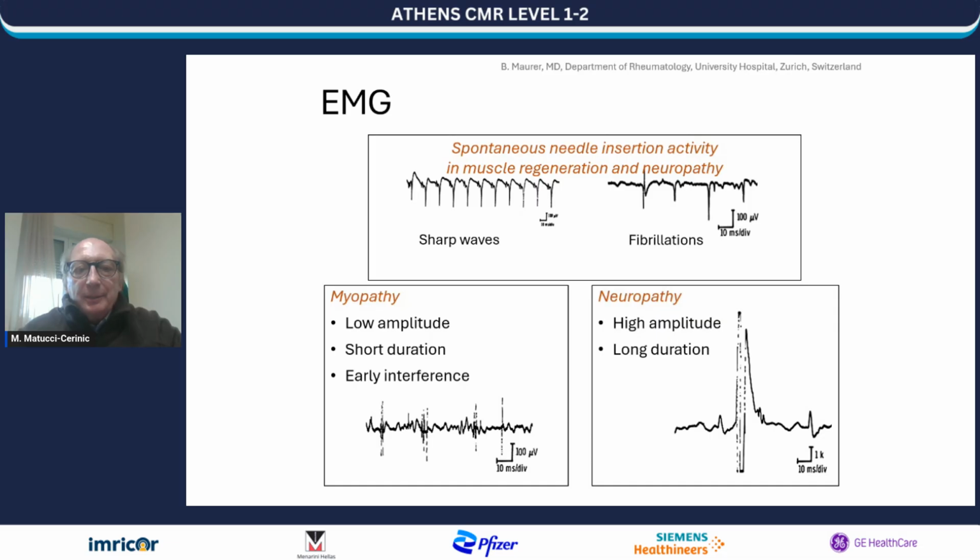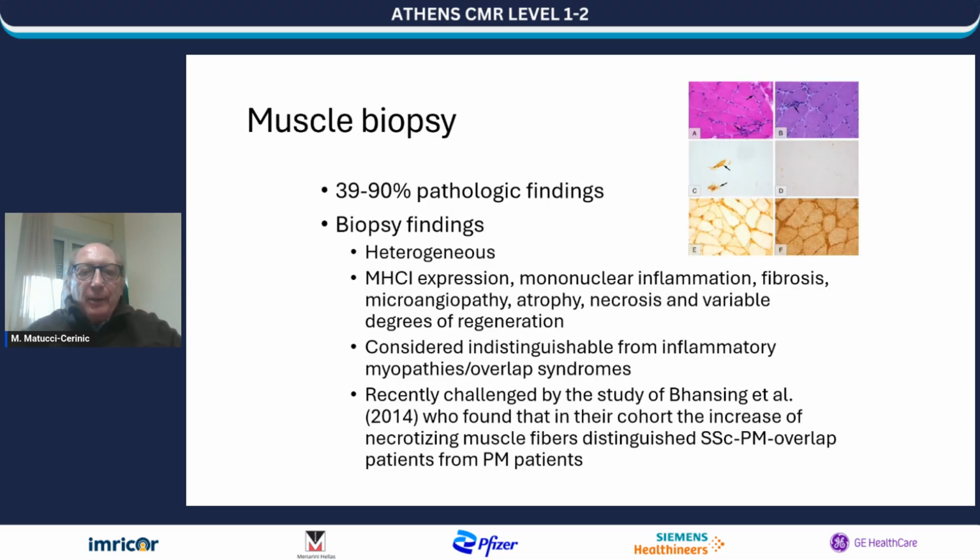And the muscle biopsy is something that is very important to us, because we can identify, in particular, the MHC expression and also the infiltrate into the endomysial and perimysial areas. And obviously, we may immediately characterize the level of inflammation as well as the level of myopathy.